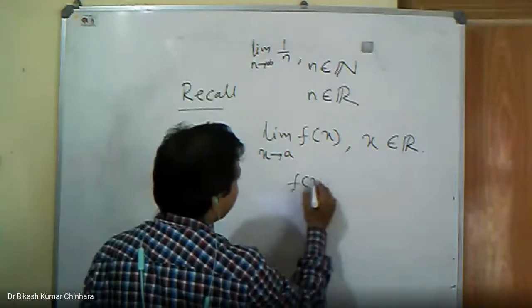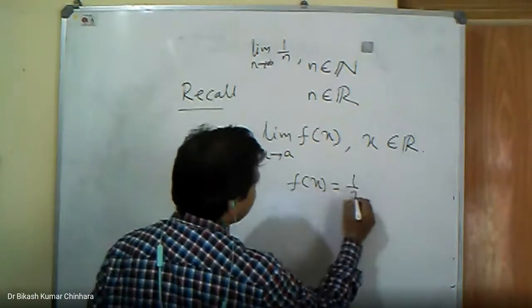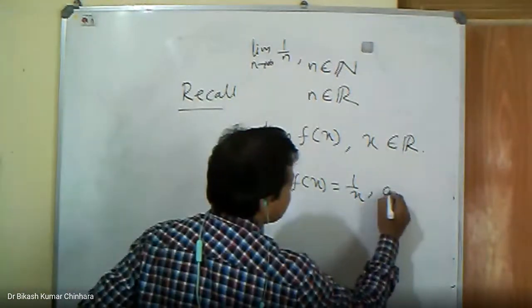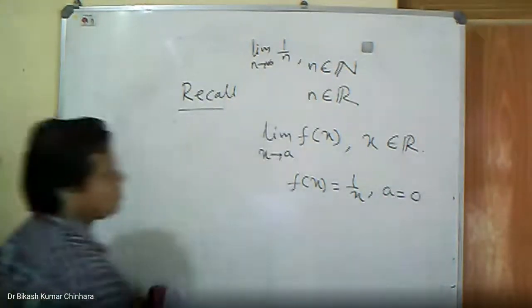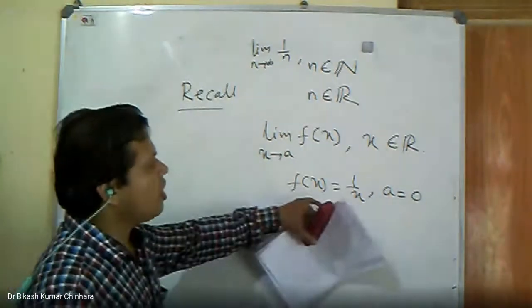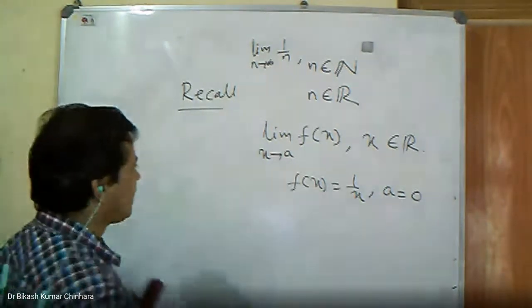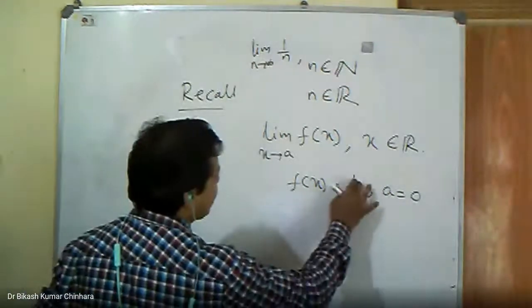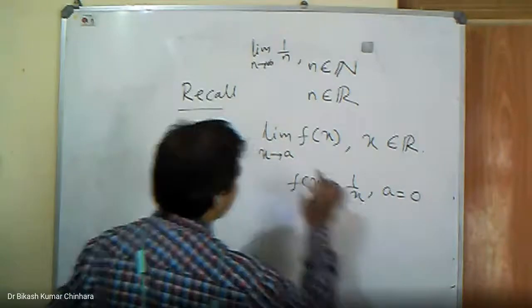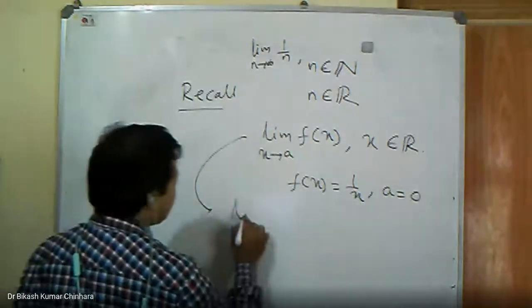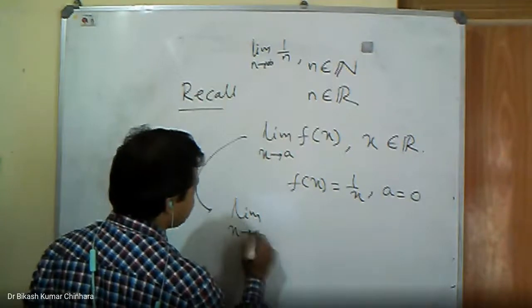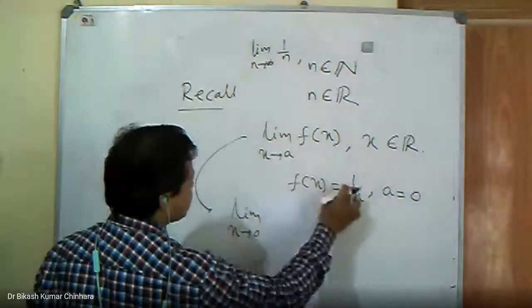Whenever f of x is equal to 1 by x, and a is equal to 0, let us study the behavior of this limit. So f of x is 1 by x, and x is going to 0.